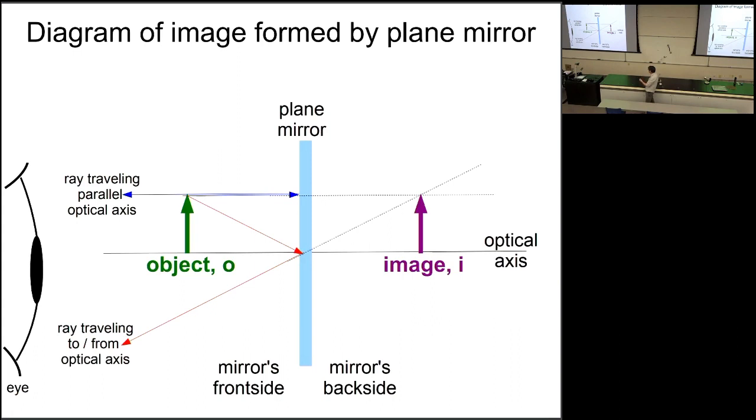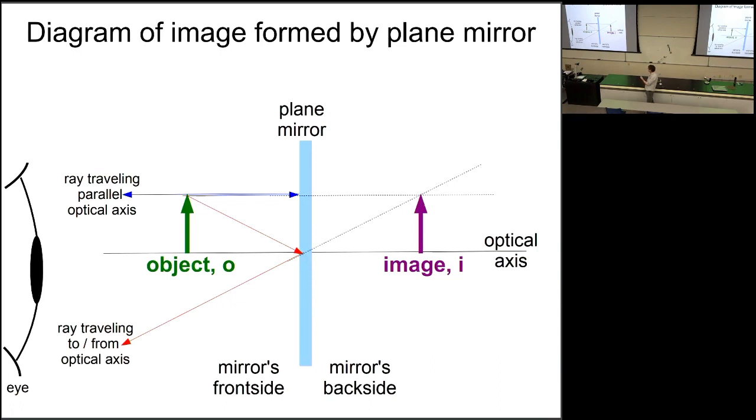Same thing for the red ray. It heads in. This particular ray is another special ray. It hits the mirror at the location of the optical axis, where the optical axis traverses the mirror. So it heads downwards to that point, that location, and it's reflected off the mirror towards my eye. And again, it's obeying the law of reflection.